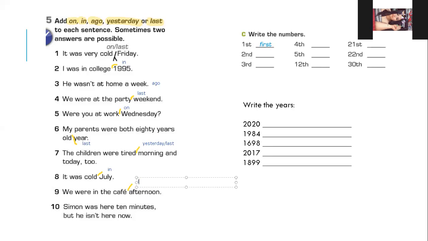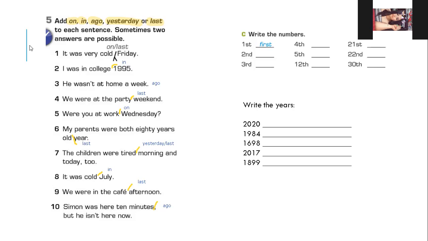Okay. And number 10. Simon was here 10 minutes, but he isn't here now. 10 minutes what? Ago. Ago. Very good. 10 minutes ago. Good job.